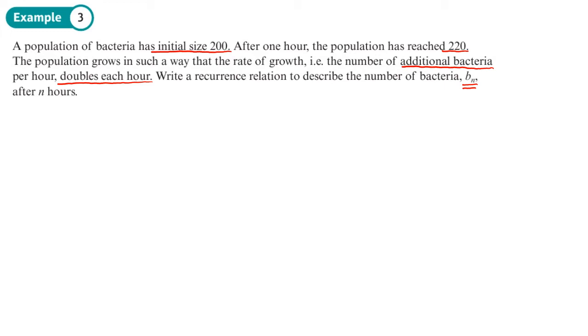So before we do that, let's actually write down what this sequence looks like. So we start with 200. Then after an hour it's 220, which is an increase of 20. This question says that the increase doubles. So after another hour, the increase is going to be 40, then it's going to be 80, then it's going to be 160.